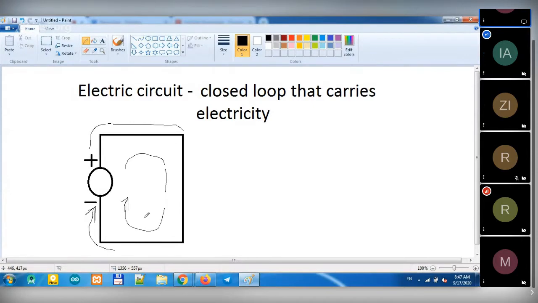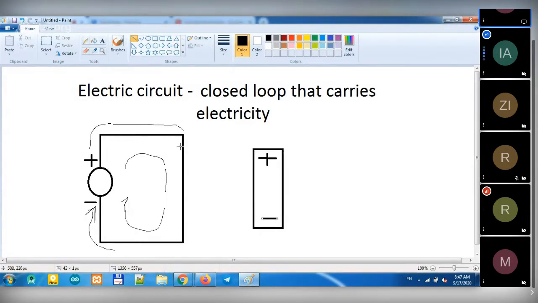So this image is a simple battery electric circuit. So this is a battery. You have seen a battery before, right? This is positive, and this is negative.